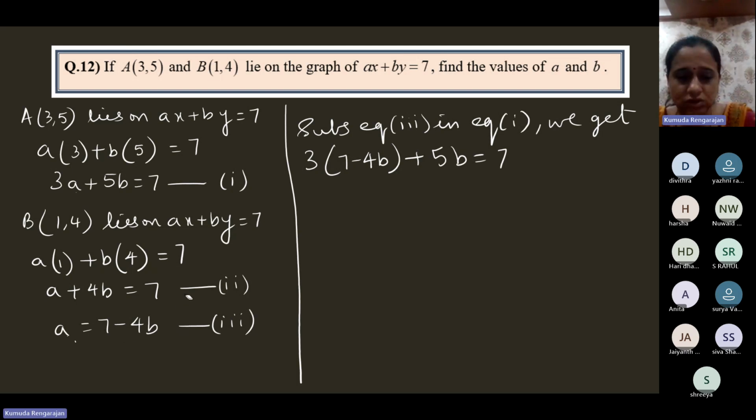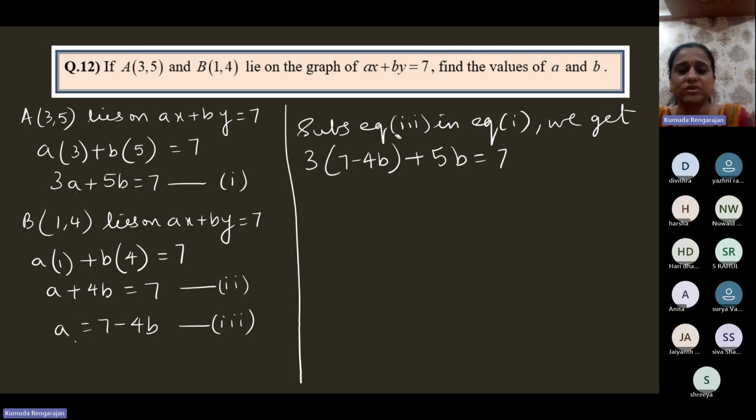So we use equation 2 and we form equation 3. We write one unknown in terms of the other. So here we've written A in terms of B. A is equal to 7 minus 4B. Now we've got 3 from 2, so don't substitute 3 in 2. Substitute 3 in 1.